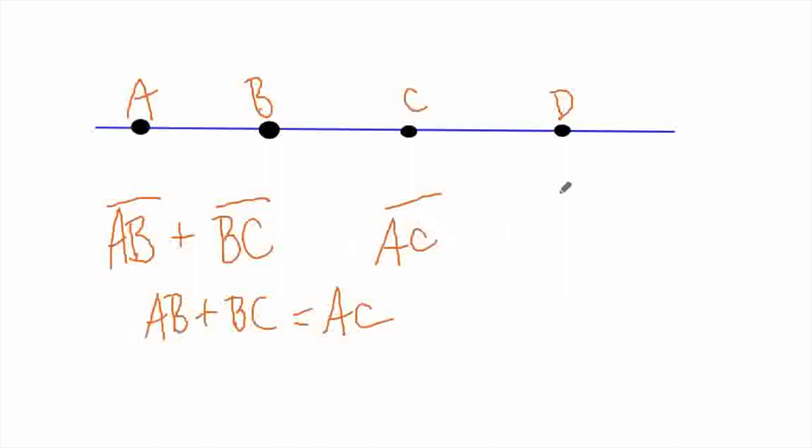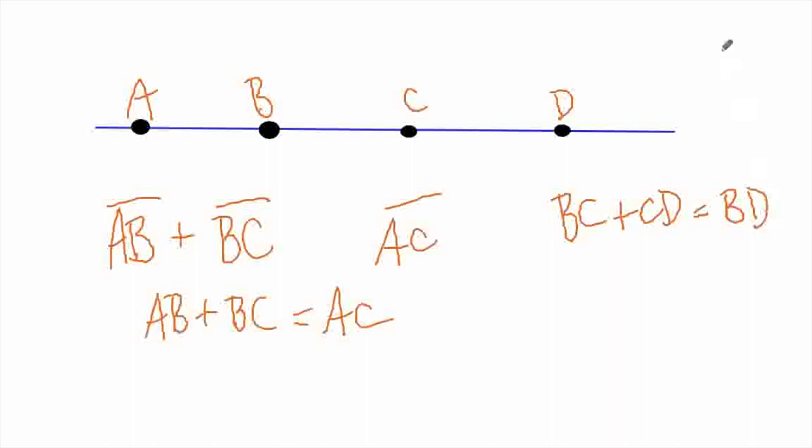Let's do another one. What is the length of BC plus the length of CD? Is there another line segment length that's equal to that? Hopefully you see that, if we're adding the sticks up, lining them up end to end in the same direction, that's the same length as the stick between B and D, the line segment.